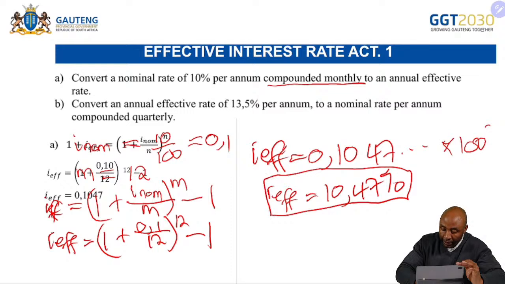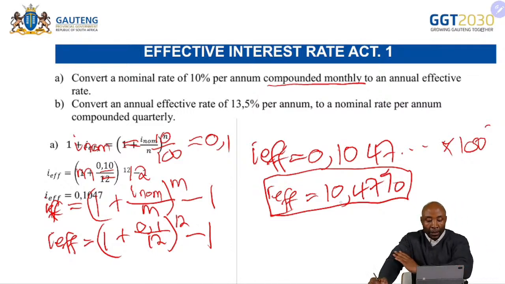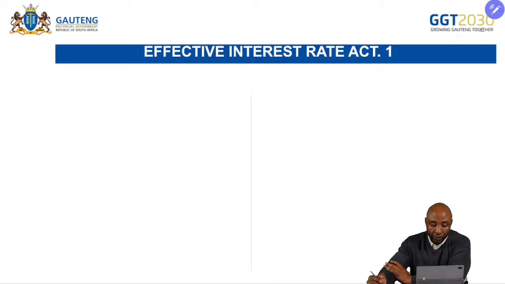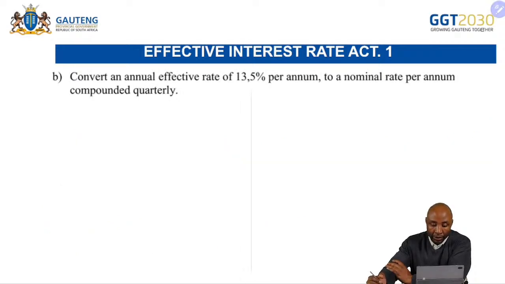So if you invest at 10% per annum compounded monthly, it means at the end of the year you would have gained an interest of 10.47%, not only 10% per se. Now, so we got our rate as 10.47%. Let's move on now to the solution for part B.